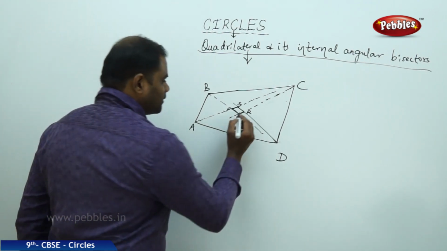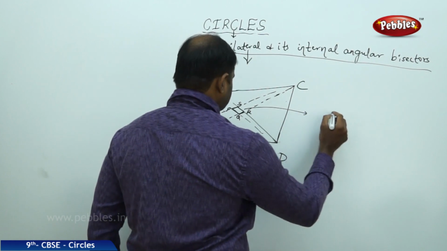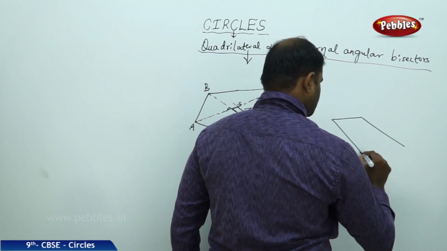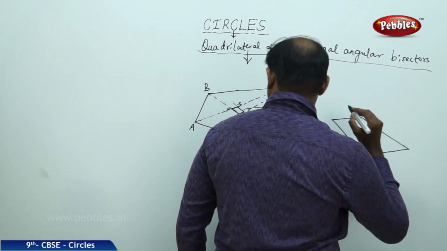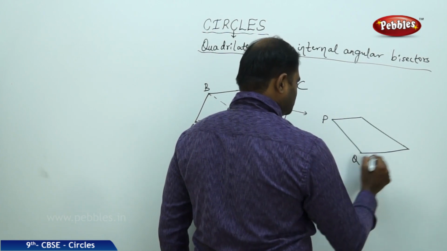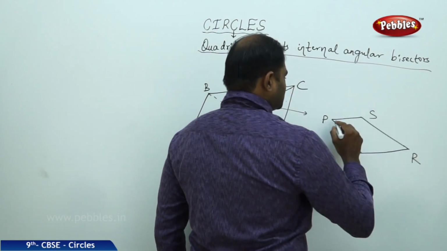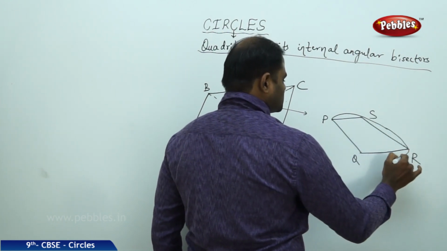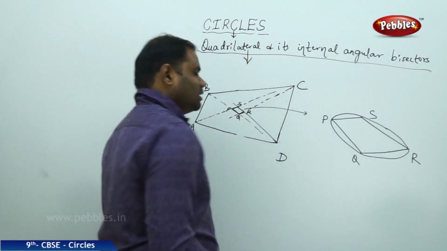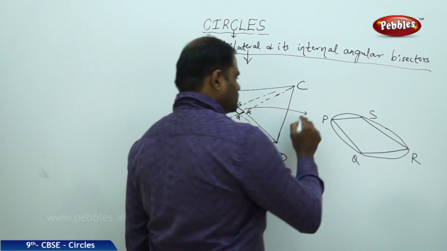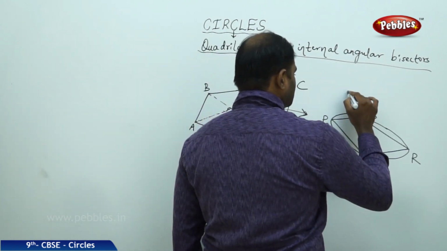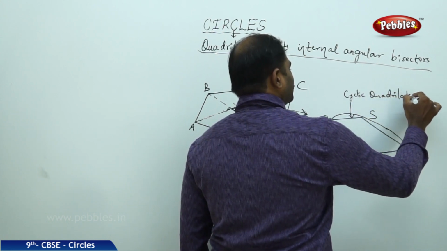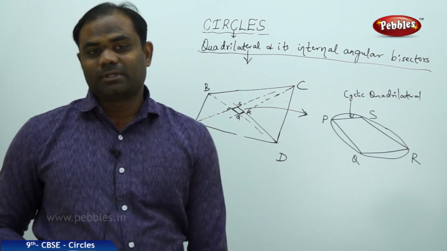That means the quadrilateral formed out here, PQRS, must be cyclic. It has to pass through a circle, as the property says. So this quadrilateral must be cyclic.